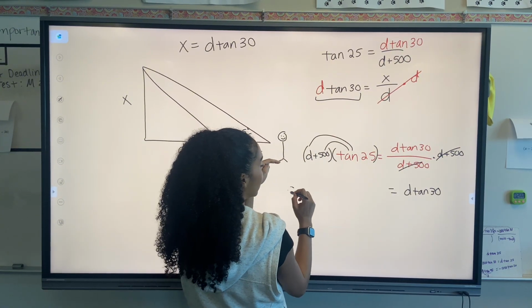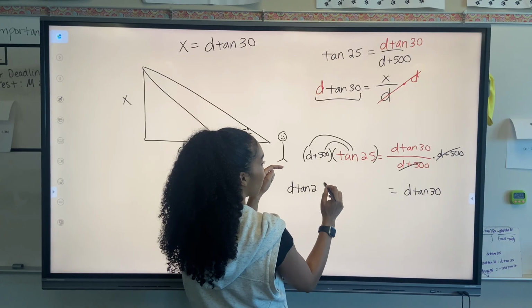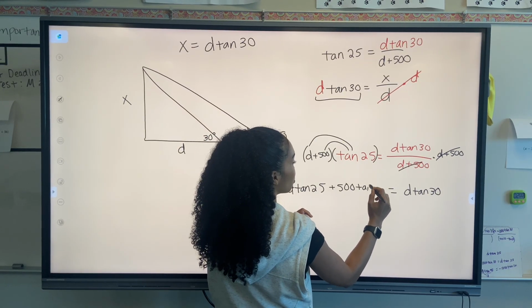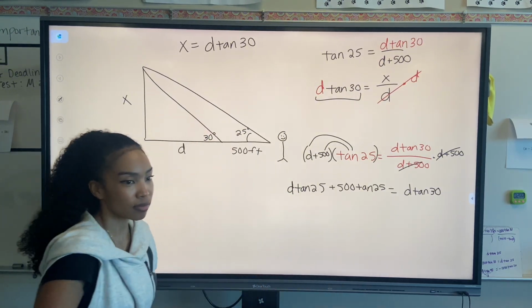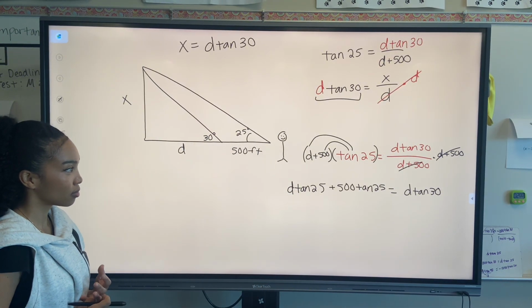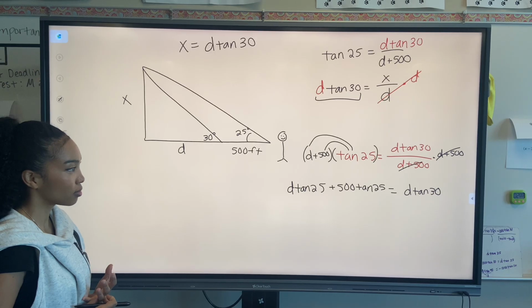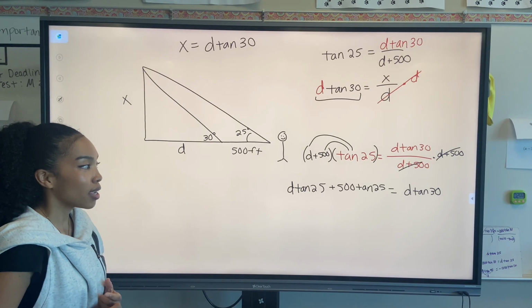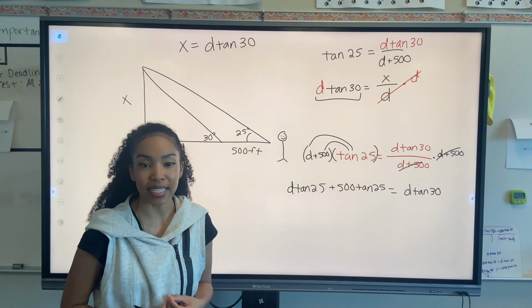So I'll have d tan 25 and 500 tan 25. Okay, now I want to solve for d.